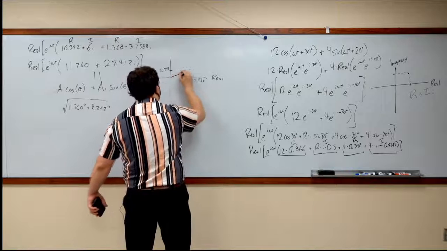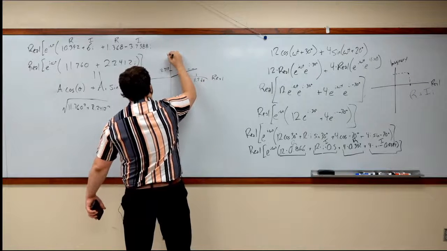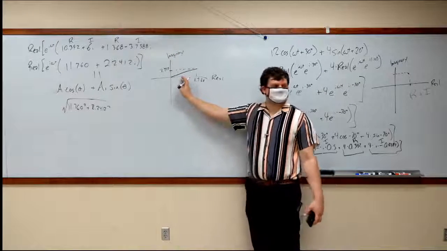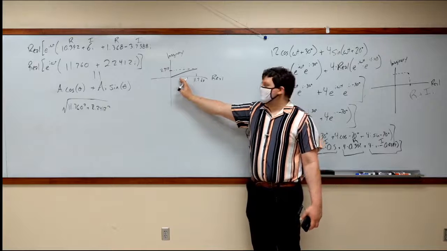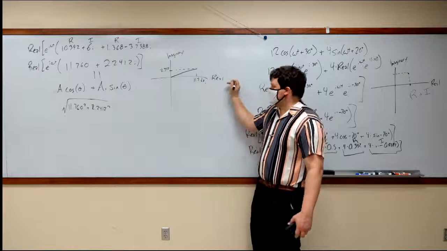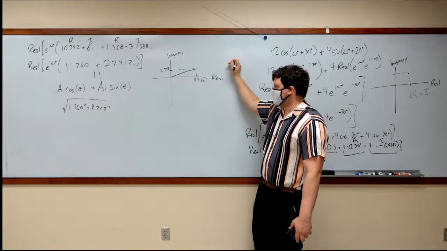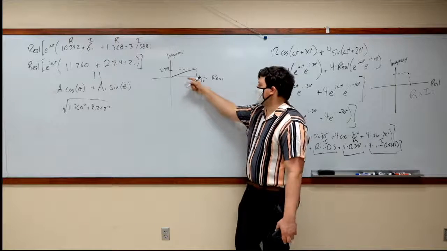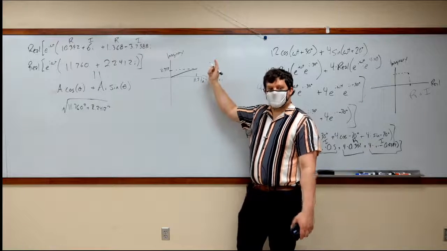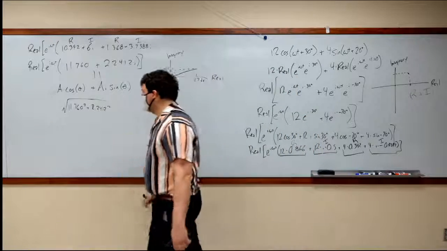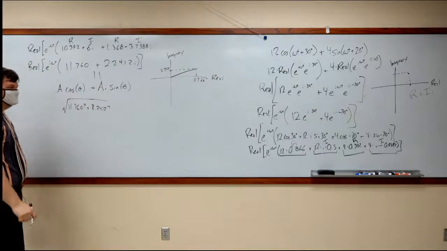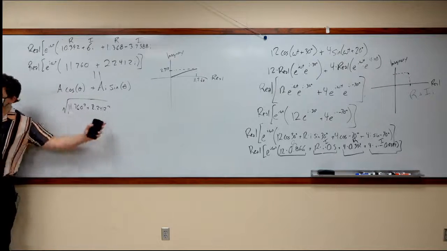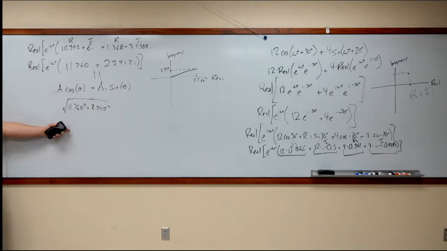And what we've done is we've drawn a vector that is that long. This is the vector representing the sum. It has a real component, it has an imaginary component. This right here is a right triangle, where your x component is your real and your y component is your imaginary. So when you're calculating the length of that line, the total length of that line is equal to the length of the hypotenuse of the triangle, which is why I use this formula.